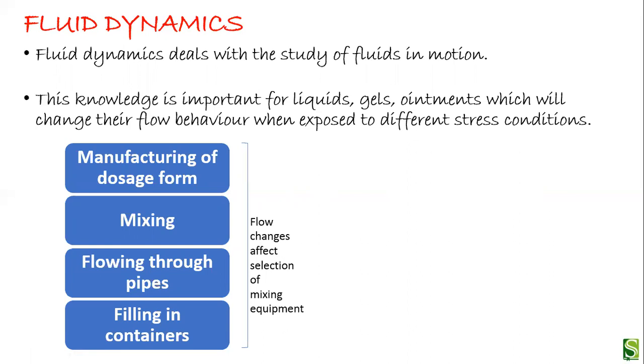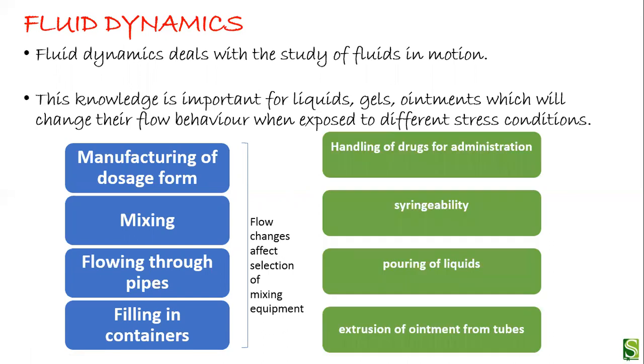During all these operations, the flow is going to change because different types of stress are being applied on that particular fluid. How the flow changes is going to determine what type of mixing equipment you should be selecting.